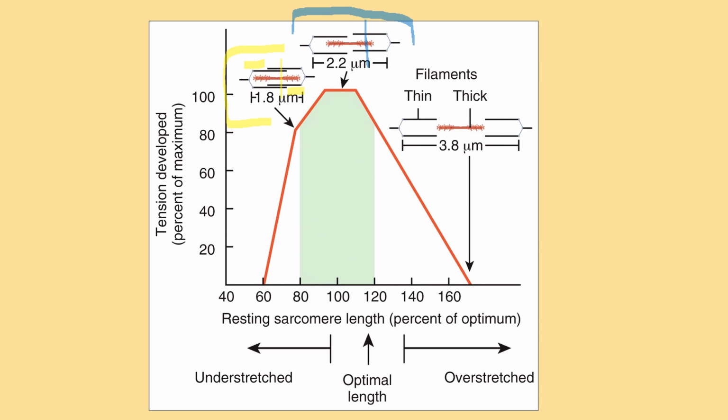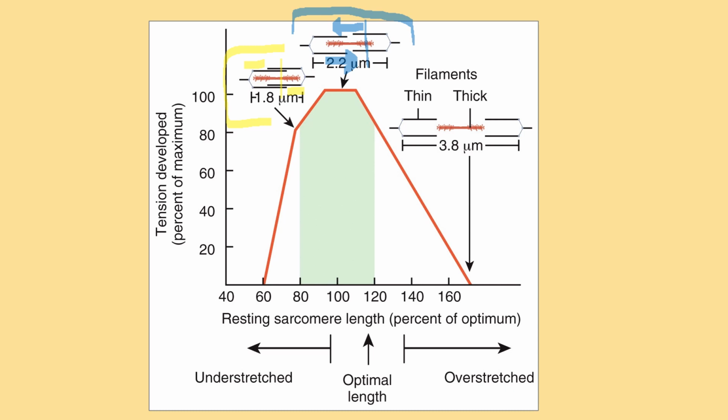And there's also lots of opportunity for those filaments to slide past each other. So there's lots of opportunity for the pulling action, and for the narrowing of the width of the sarcomere. These spatial positions allow this muscle cell to achieve 100% of the tension possible.